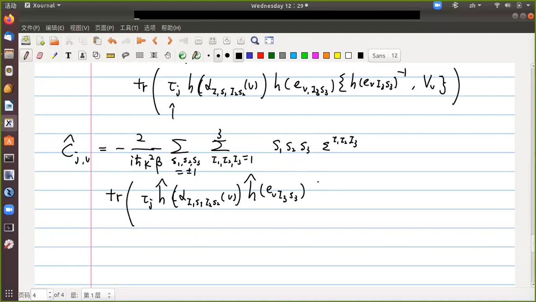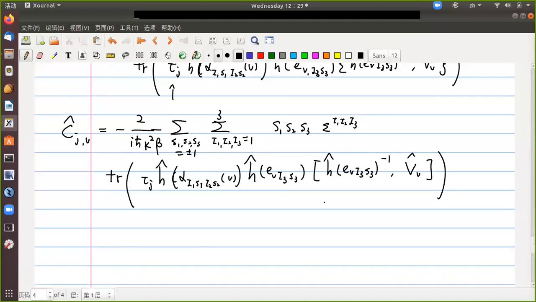Now you replace the Poisson bracket by commutator. Okay, so now you get the operator expression for the diffeomorphism constraint.